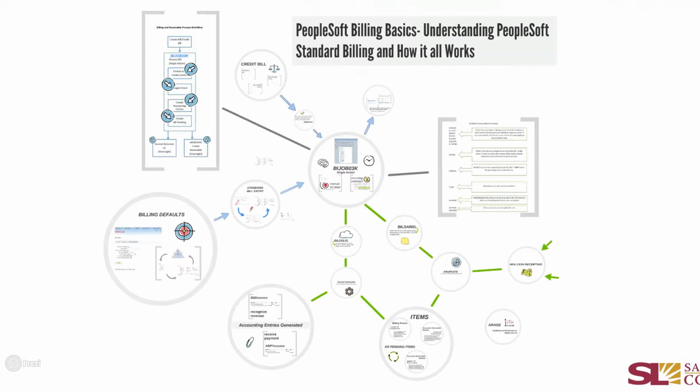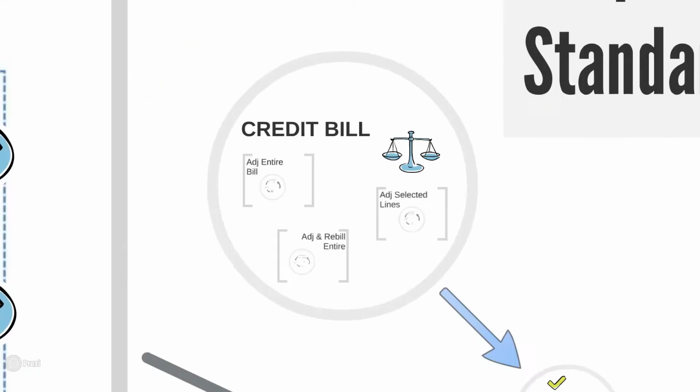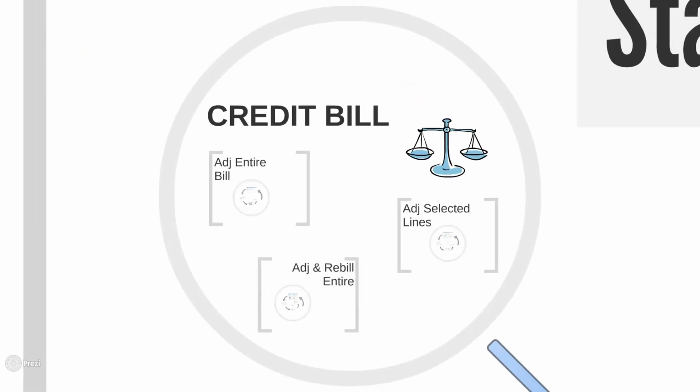We talked about the last process that runs overnight related to billing, and that was the ARH process that helps enhance the reporting of outstanding items in the system. Let's move on to creating a credit bill or credit memo.